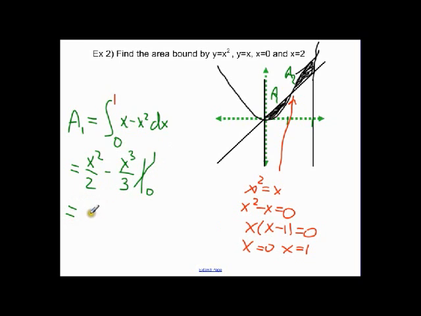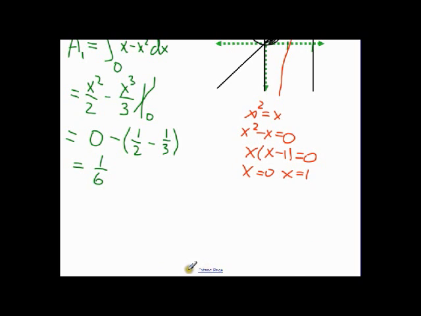Plugging in 0, we get 0, and then we plug in 1, and we get 1/2 minus 1/3. So area 1 is 1/6. I'll let you guys check that if you don't believe me. Now let's do area 2.